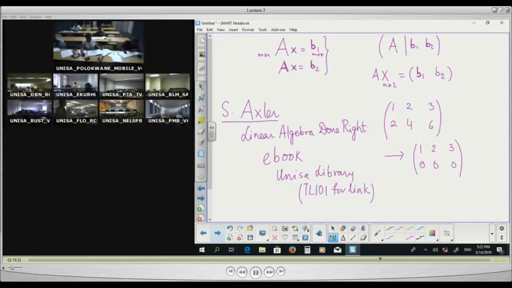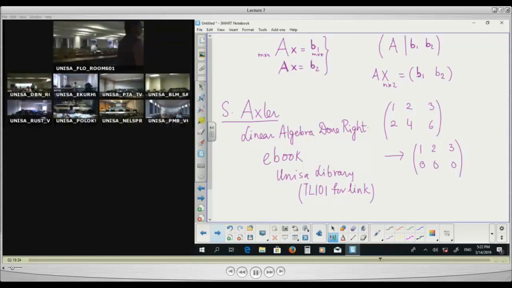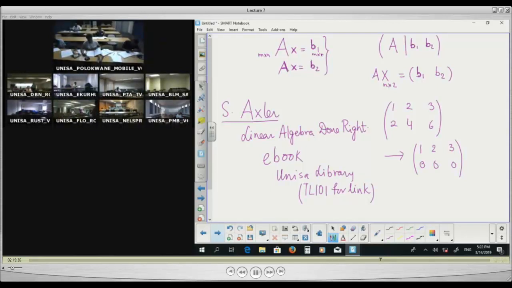Sir? Yes? The textbook says that null A is defined implicitly. I'm unsure of what that means.